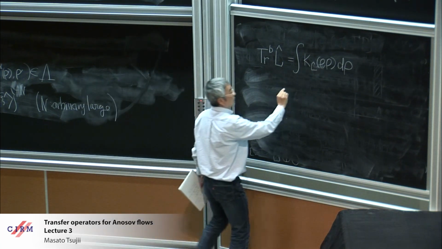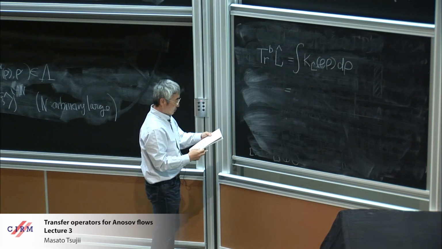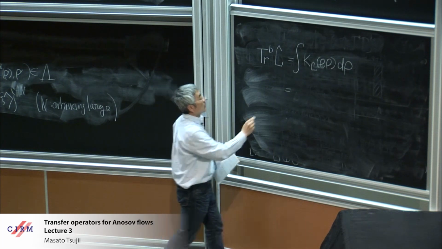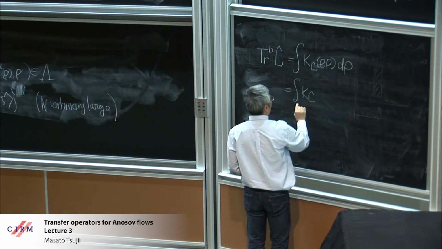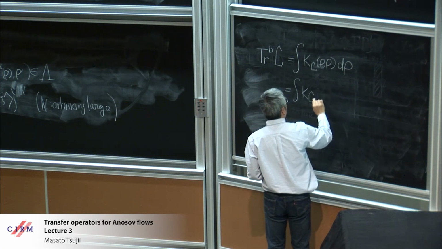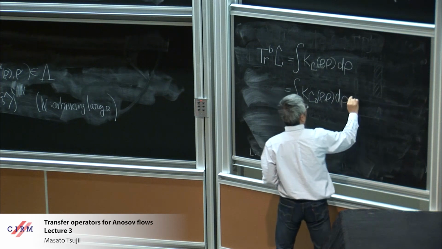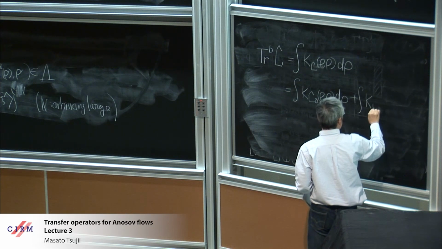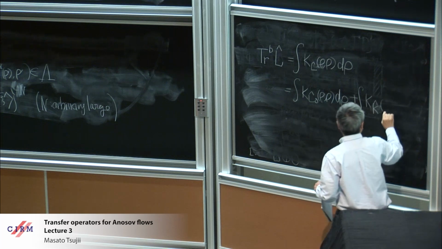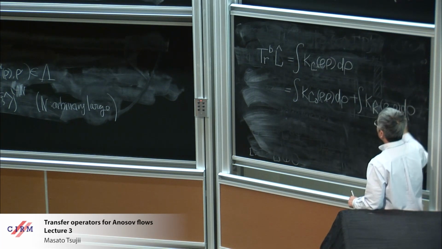But of course, we can decompose it into two parts, Lhat_0(ρ, ρ) dρ plus K hat(ρ, ρ) dρ, this way.